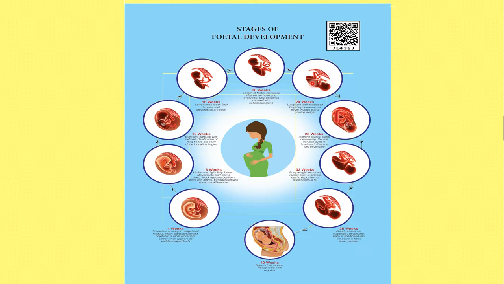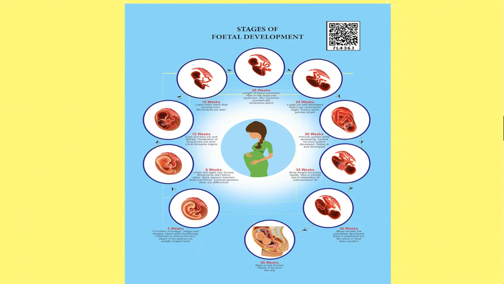And the body weight of the fetus increases. 28th week, the immunity power will be increased, the central nervous system is well developed, and the retina of the eye is also well developed.